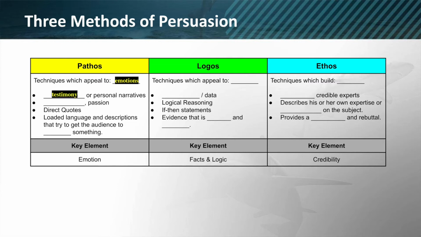They feature testimony and personal narratives. They might appeal to your sympathy or passion and what you appreciate about things. They might feature direct quotes from people who have used products. They can have loaded language and descriptions that try to get the audience to really feel something. The key element in pathos is emotion.